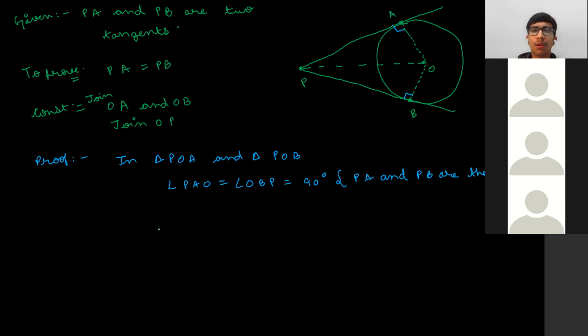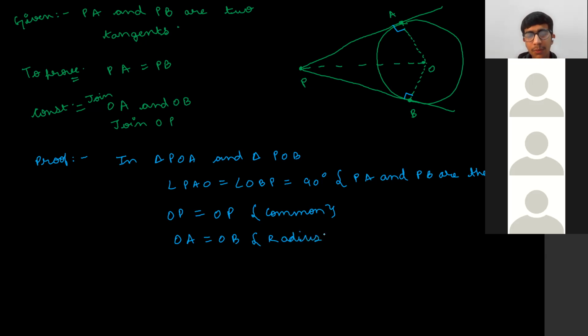Also, we have OP equal to OP, which is the common side. And we have OA equal to OB because they are the radii of the circle.